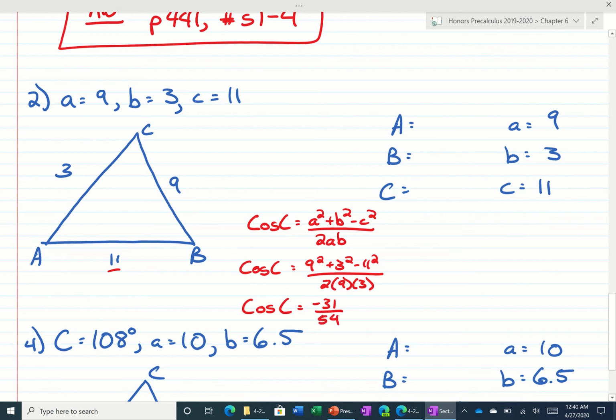So to find angle C, I'm going to take the inverse cosine of the fraction negative 31 over 54.